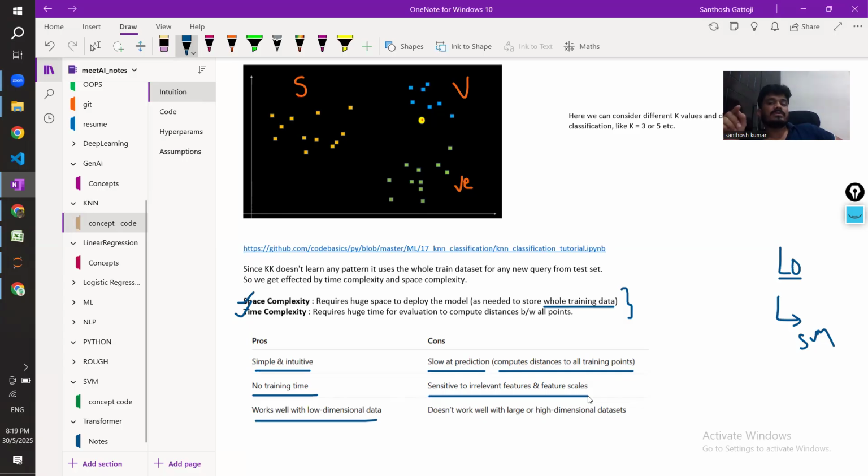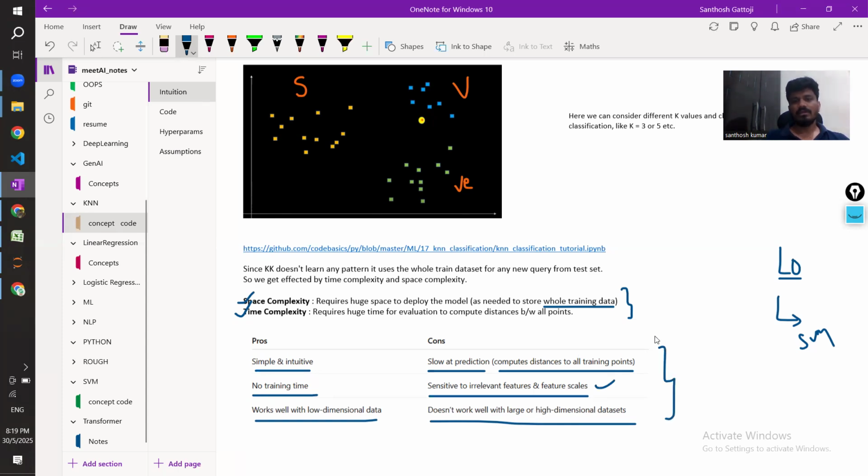As I said in our previous session, any model involving distance, you should be careful with scaling. Because we are calculating the distance, the features should be scaled first. It also doesn't work well with large, high dimensional data, because calculating all the distances will take huge time, so it's usually not preferred.